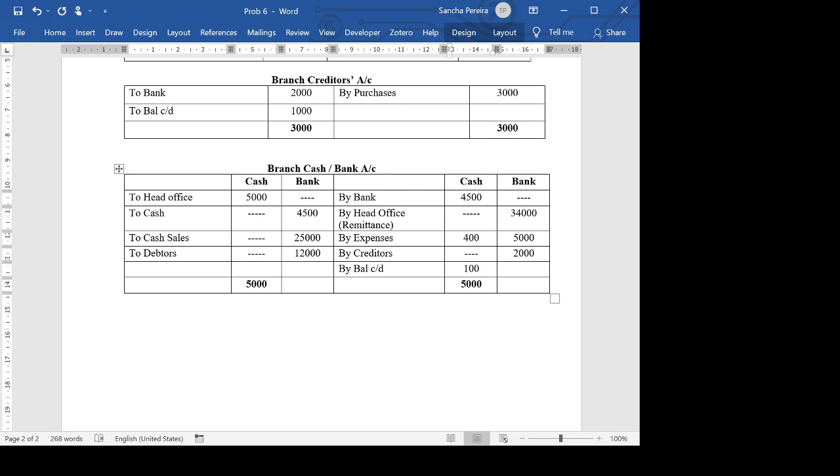That means you have cash in hand of 100. And this side is going to be 25 plus 12, 37, 41,500.